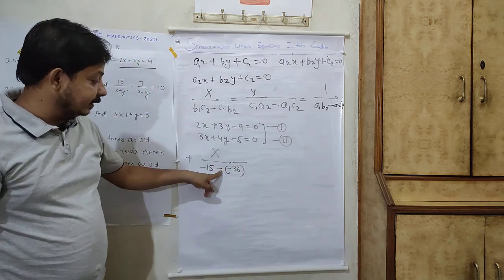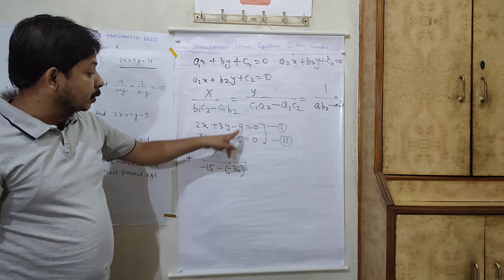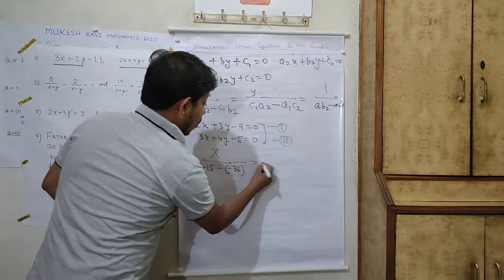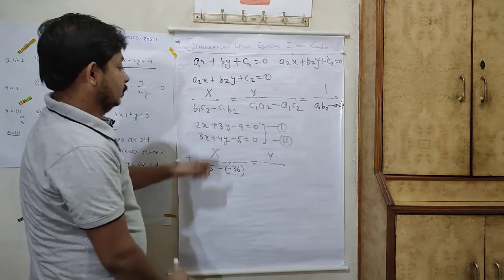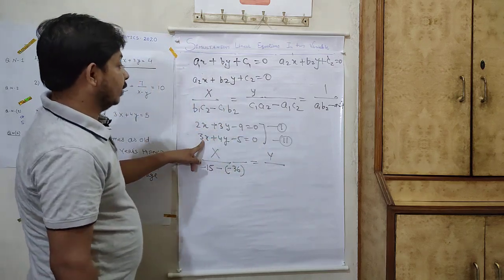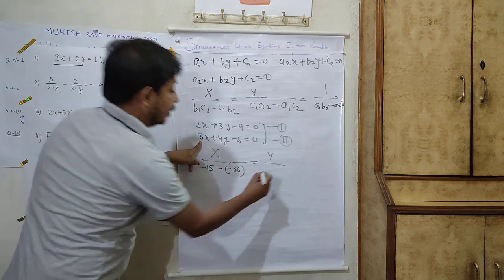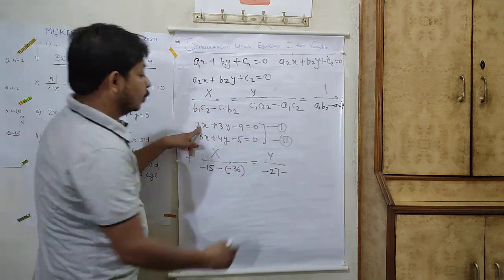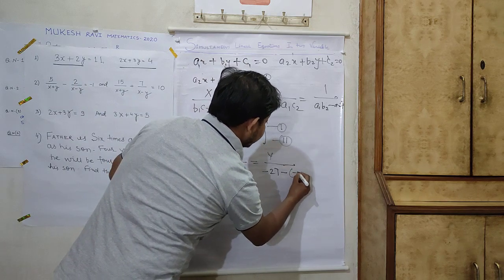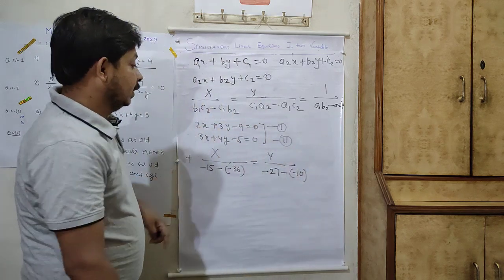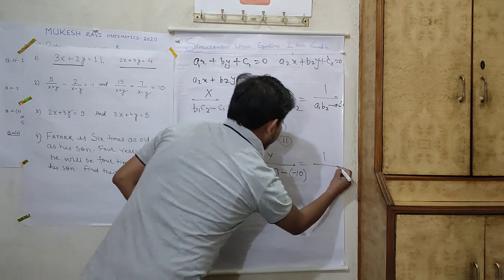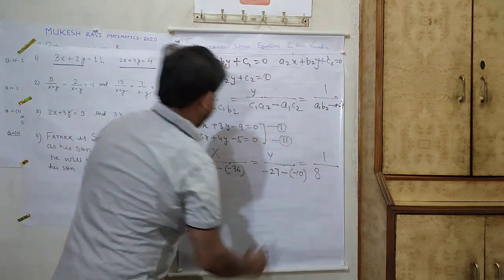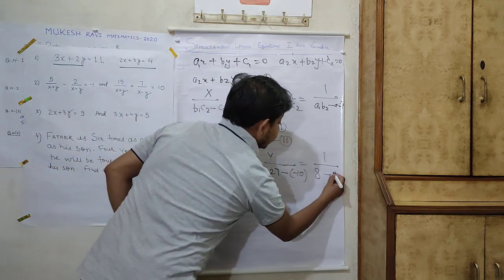With the sign, this sign is already in between, so c1, that is minus 9 into 4, minus 36. So y upon minus 9 into 3, c1 a2, minus 27, minus 5 into 2, minus 10, then 1 upon 4 into 2 is 8, 3 into 3 is 9, minus 9.